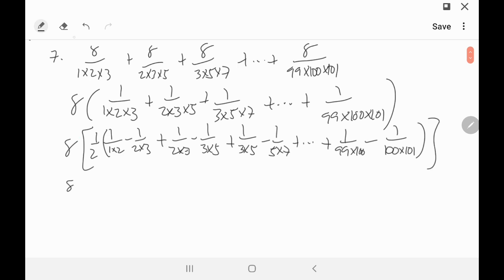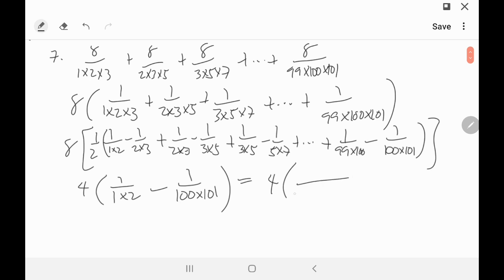And then don't forget the 8 outside. So it will be 8 times 1/2, or 4, times the first; everything inside will be left now with 1 over 1 times 2 minus 1 over 100 times 101. So this now simplifies to 100 times 101 as our common denominator.